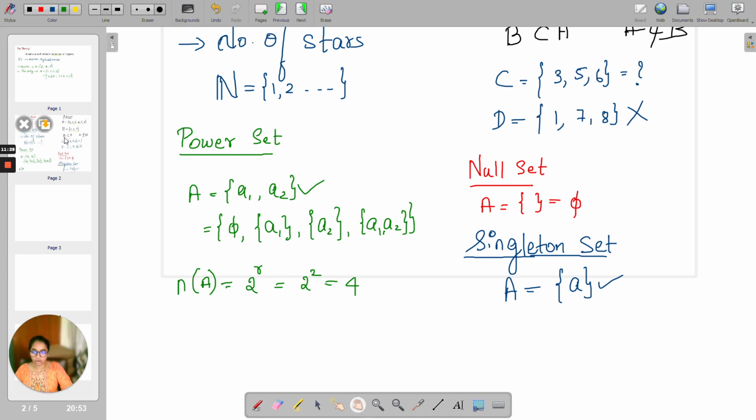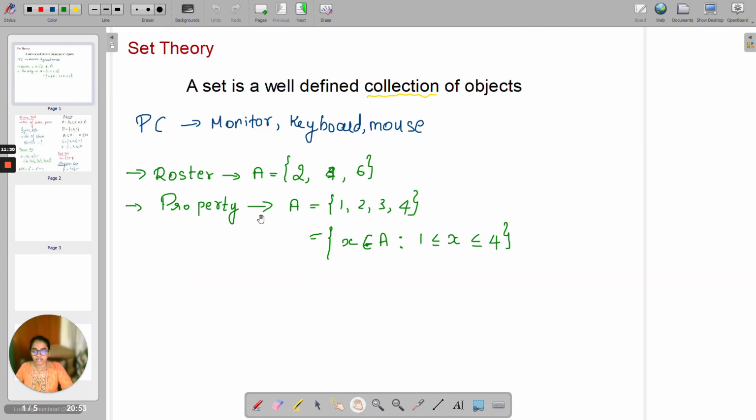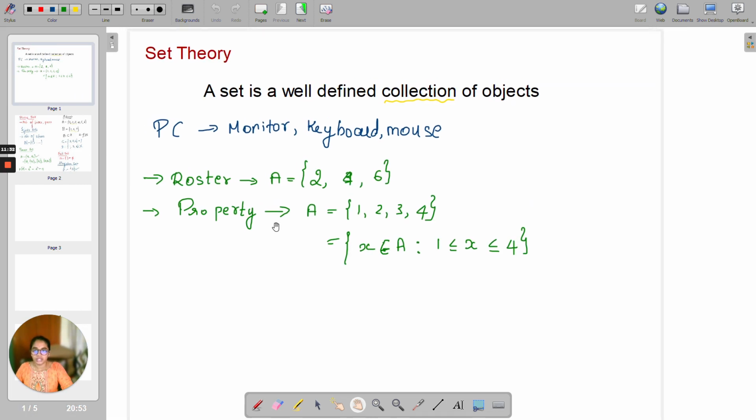So what did we study in this class? We studied the definition of set theory, which was a set is a well-defined collection of objects. We took the example of this table. There are 2 ways of representing a set. That is the roster method, in which every element is separated using commas inside curly braces.